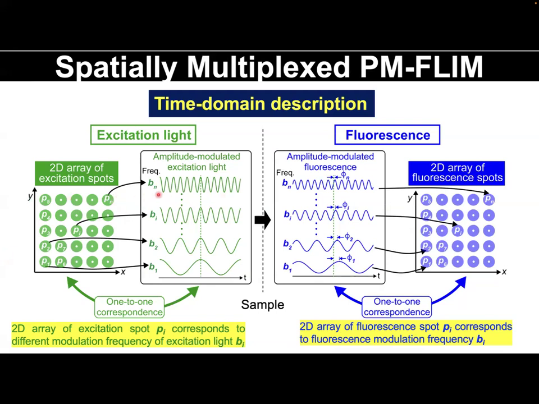When such a 2D array of excitation spots is used for the excitation of fluorescence, the resulting fluorescence is also spatially multiplexed with a different modulation frequency Bi.